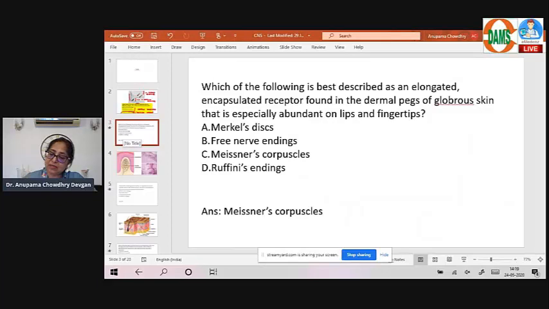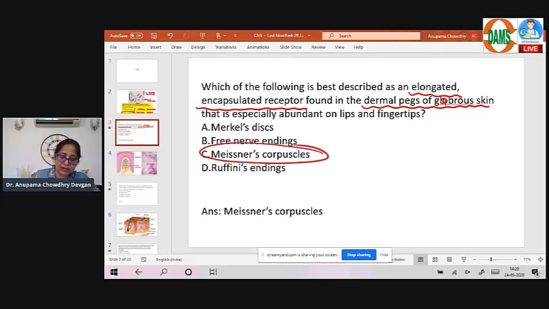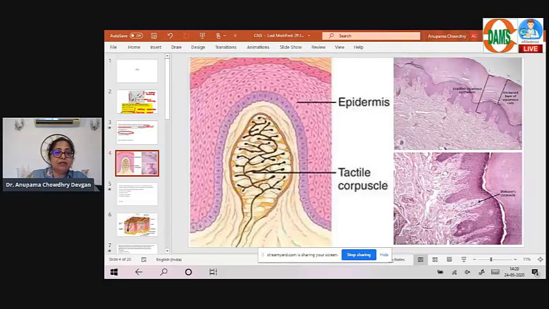This says, which of the following is best described as an elongated encapsulated receptor found in the dermal pegs of glabrous skin? These are your Meissner's corpuscles.